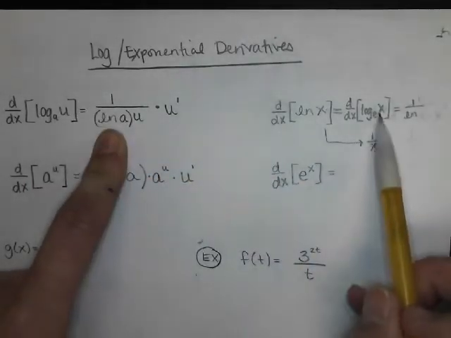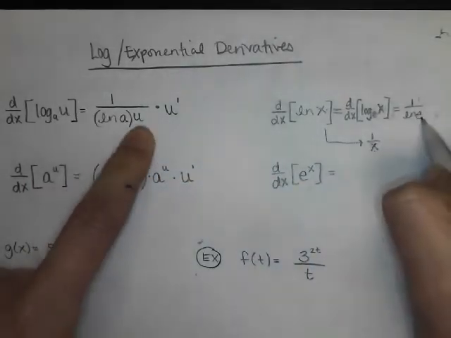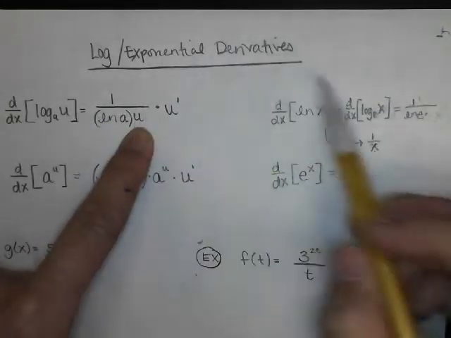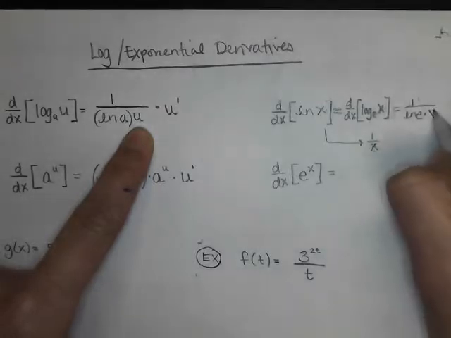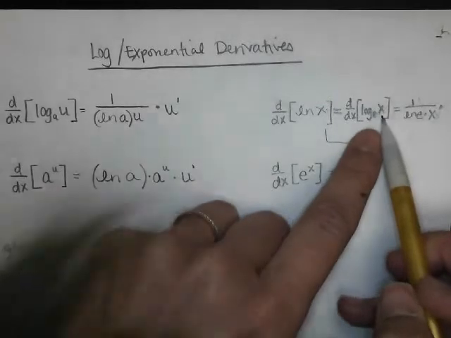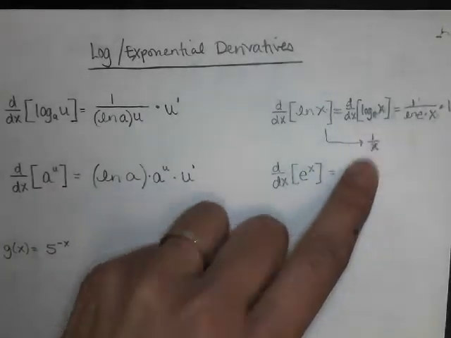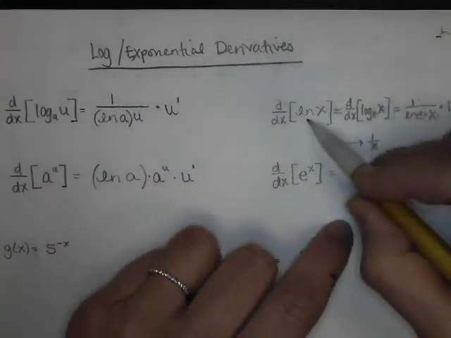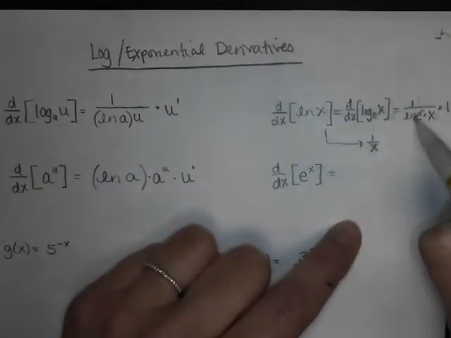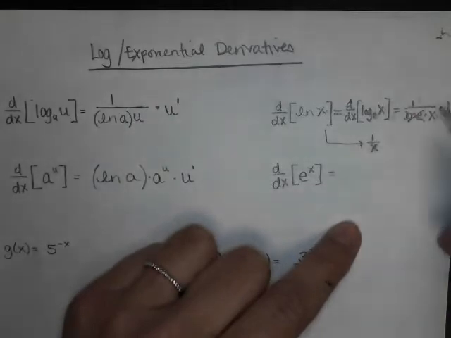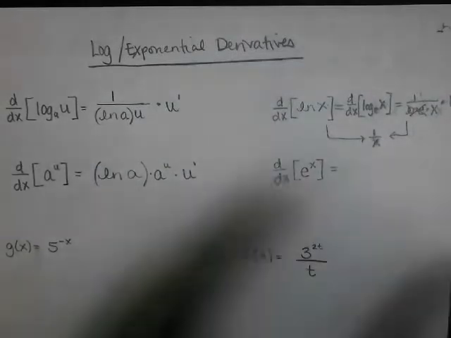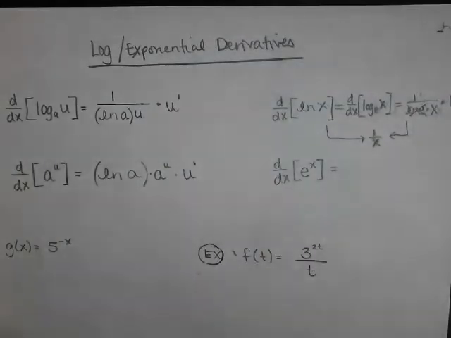A comes from the base, so the base here is e, times whatever's in the u position. So in the u position, that's what we're taking the log of. That's x in this case, times the derivative of whatever's in the u position. So the derivative of x would just be 1. So that would be doing this natural log derivative via the log rule. Obviously what happens is the natural log of e just cancels, and this ends up just boiling down to 1 over x, which is what we memorized earlier this chapter.